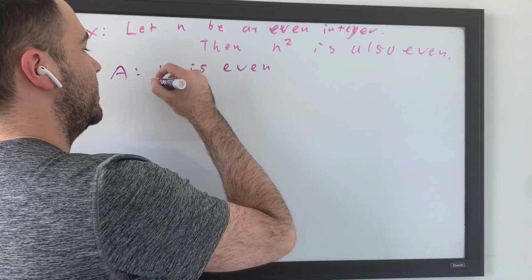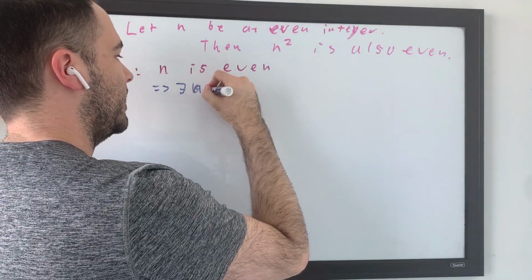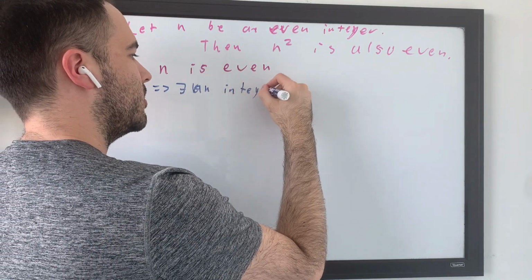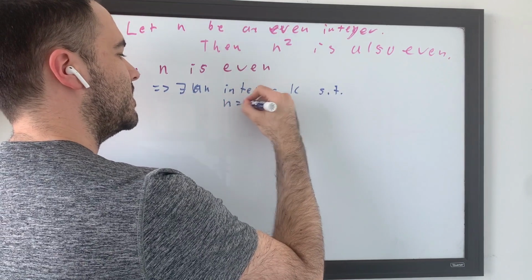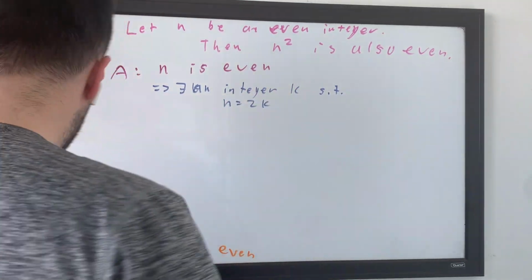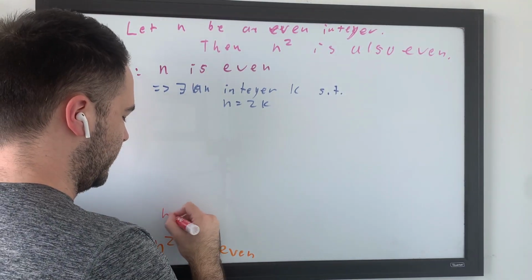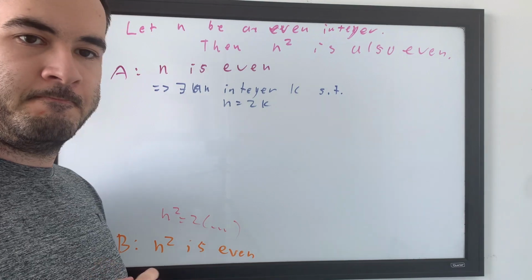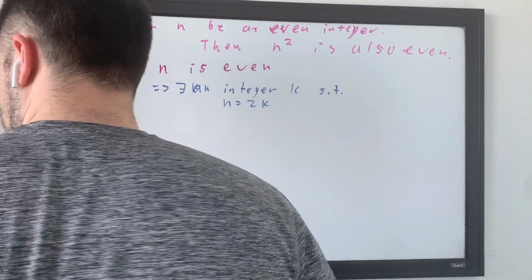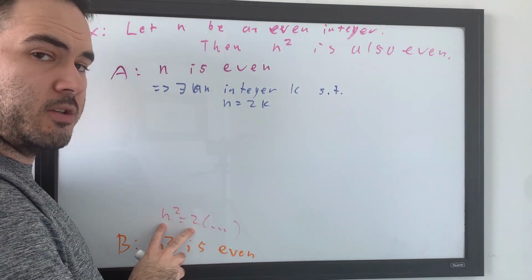Okay, let's look forwards and backwards again with this. We know that n is even, therefore there exists an integer k such that n is equal to 2 times k. And here we need to show that n squared is equal to 2 times something else. Okay, so we have n here. We need something in terms of n squared.